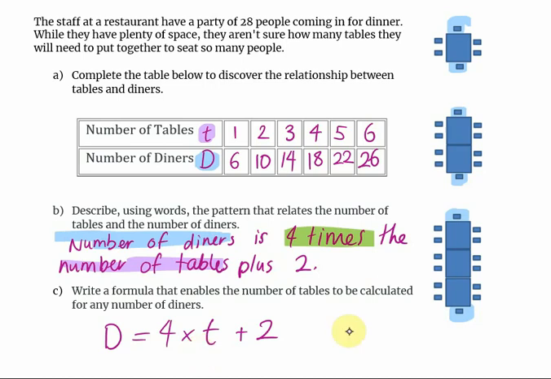So the best way to write this formula is the number of diners is 4t, 4 times the number of tables, plus 2. And now we can use that to predict how many tables we would need for a certain number of diners. But we could also see from our table that if there are 28 people coming, we would need 7 tables. We need 1 more to make sure we've got enough seats for them all.